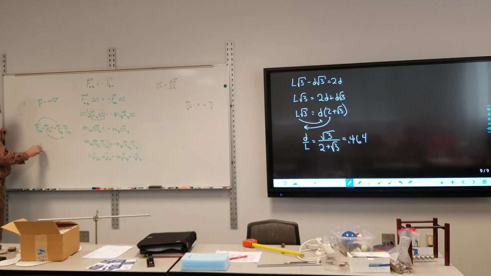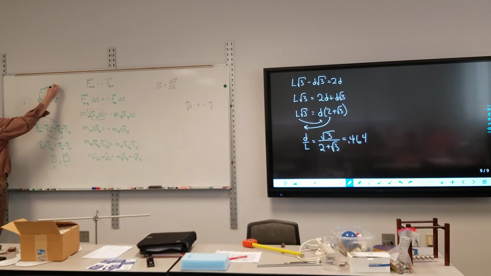Okay. This is momentum. This is a special case, but a pseudo derivation of conservation of momentum. That's the word momentum.